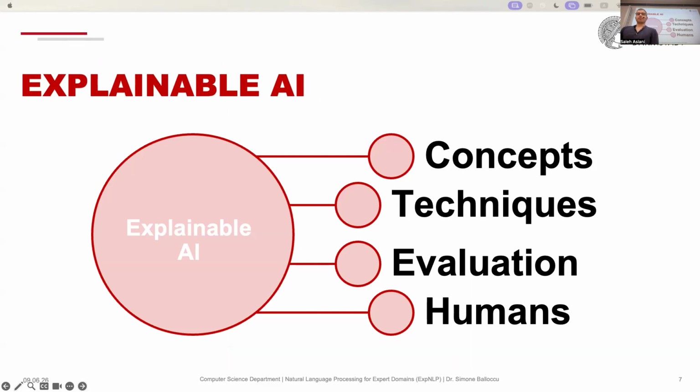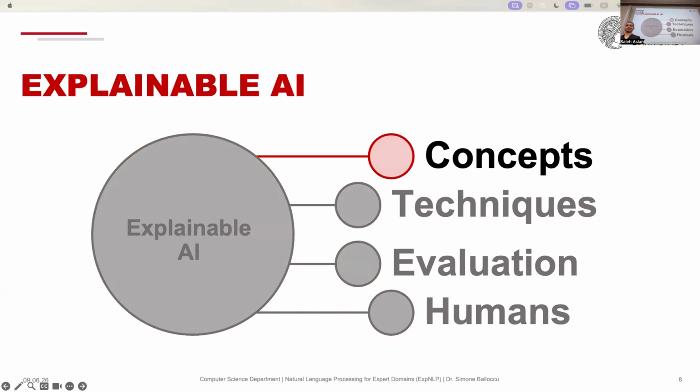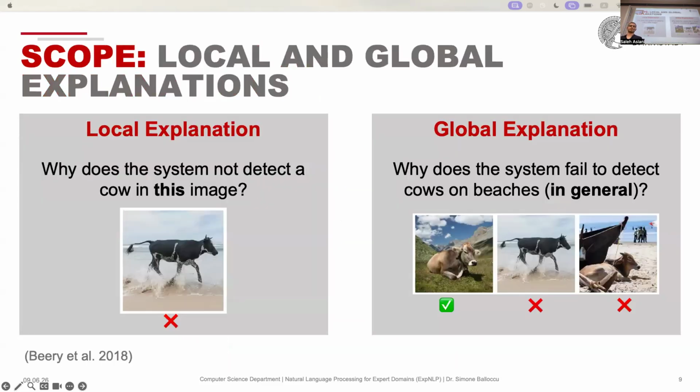So we will delve deeper into explainable AI, and first we will talk about its concept. Sorry, I had a question about the term explainability. Is it synonymous with the concept of interpretability? Not necessarily.